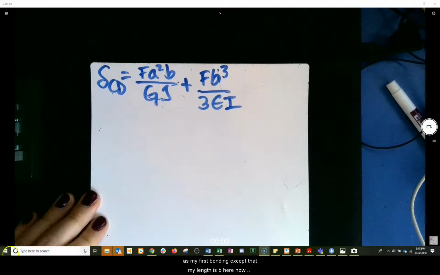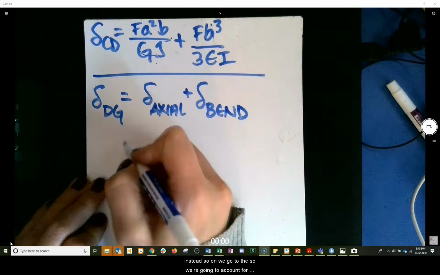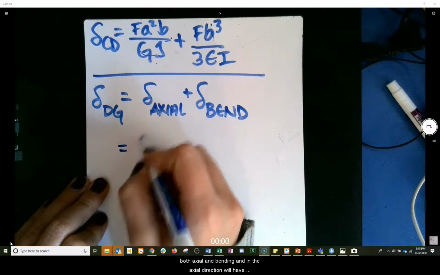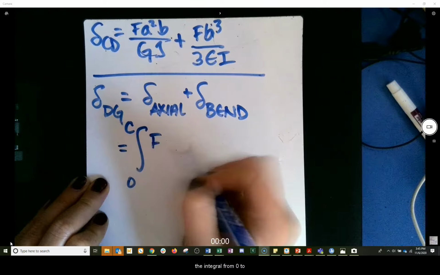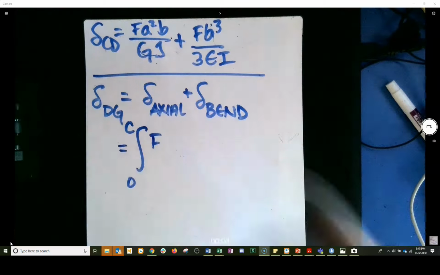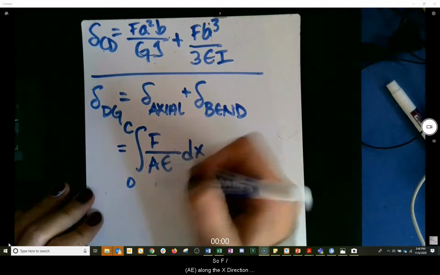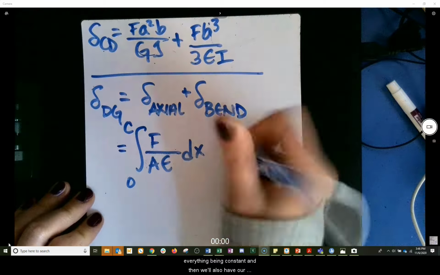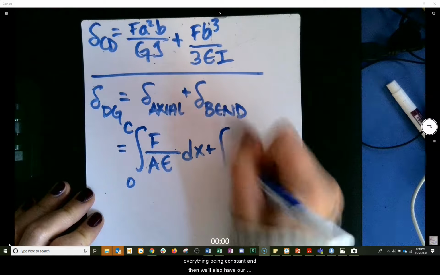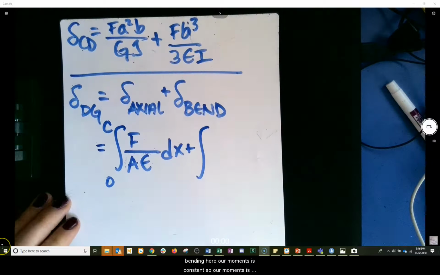So on we go to DG. We're going to account for both axial and bending here, and in the axial direction we'll have the integral from 0 to C of F over AE along the X direction, everything being constant. Then we'll also have our bending. Here, our moment is constant.